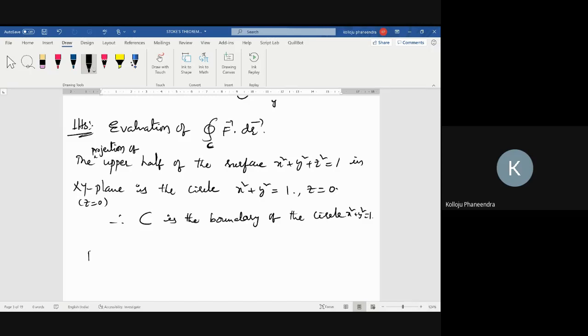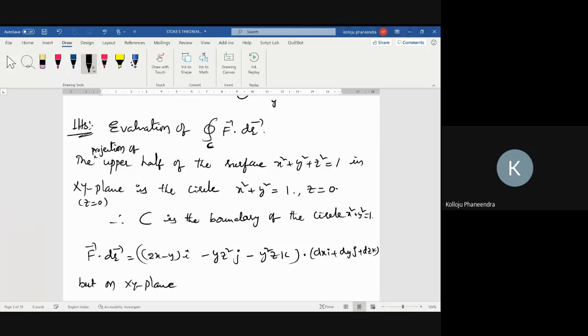What is f bar dot dr bar first? F bar is given as (2x minus y)i minus yz square j minus y square z k, dot dx i plus dy j plus dz k. Originally this, but on the xy plane we have z equal to 0.